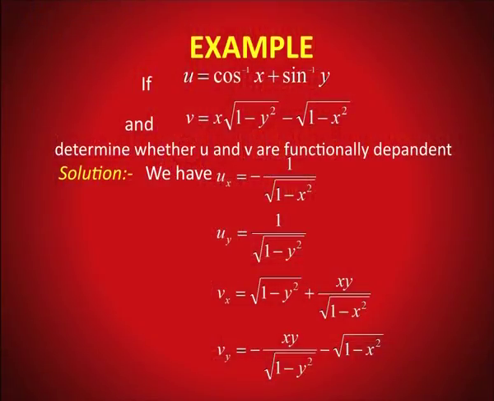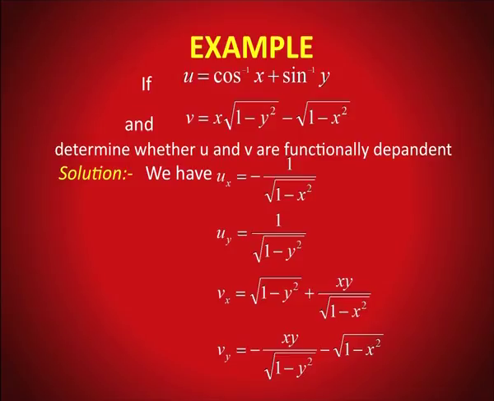Example showing the dependence: if u is equal to cos inverse x plus sin inverse y and v is equal to x root 1 minus y square minus y root 1 minus x square, determine whether u and v are functionally dependent. The solution of this problem is as follows. We have u_x, that is partial differentiation of u with respect to x, is equal to 1 upon root 1 minus x square with negative sign.